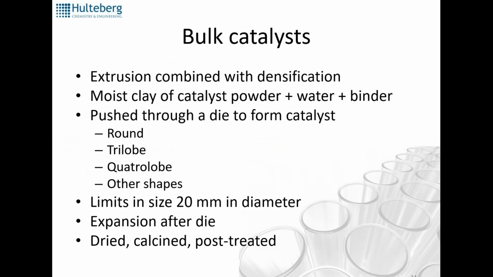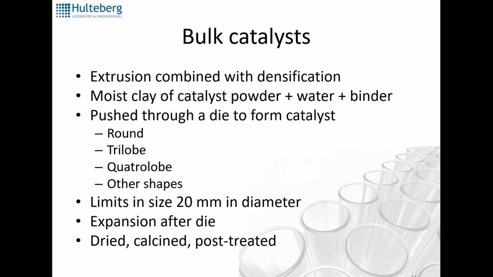Extrusion is normally combined with the densification. So we form this moist clay of catalyst powder. We add it with a binder, and we try to push it through a die, and these dies can be basically any form.